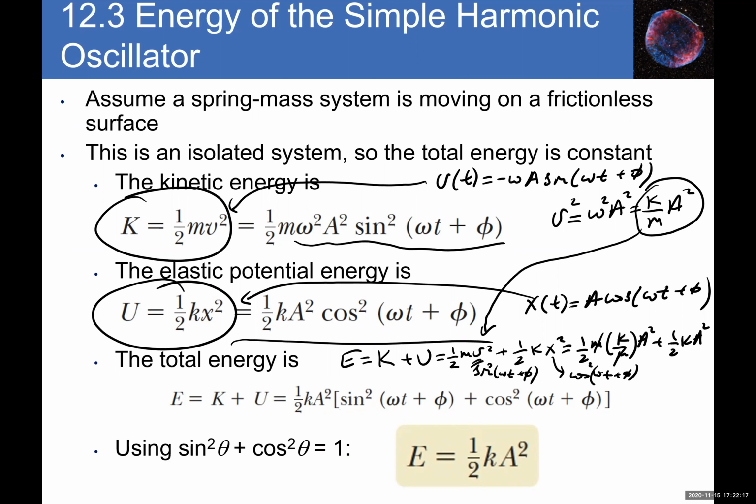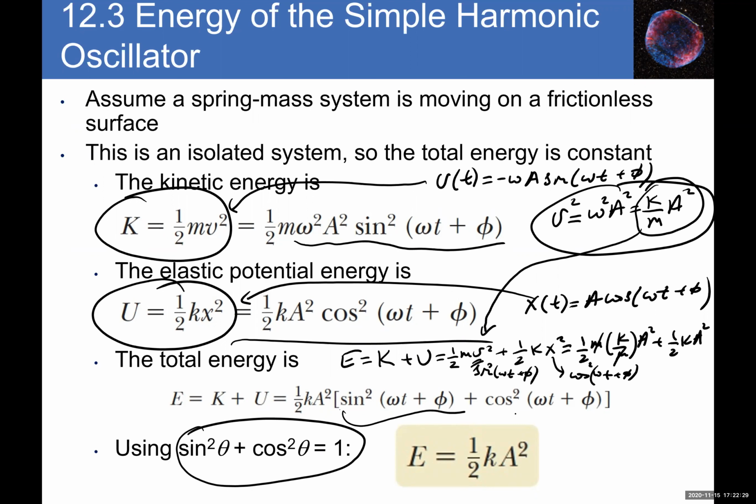But one thing we know from the identity is that cosine squared theta plus sine squared theta is equal to 1. So if I'm replacing v with that and then combining them together, adding them together, I end up with this in the parenthesis, sine squared of omega t plus phi plus cosine squared of omega t plus phi, and that's equal to 1. That means the total energy is equal to 1 half k A squared.